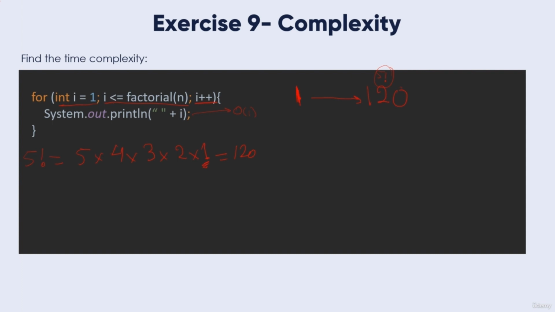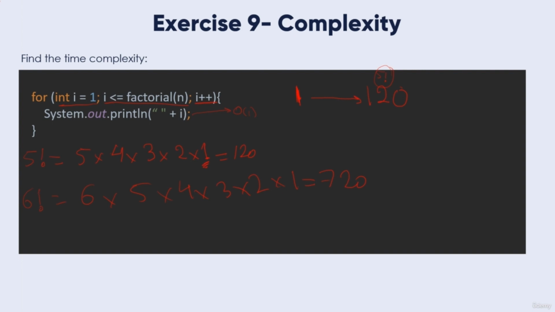Therefore, if we enter 6 factorial, it is 6 times 5 times 4 times 3 times 2 times 1. So 120 times 6 is 720. We are going to execute this 720 times.